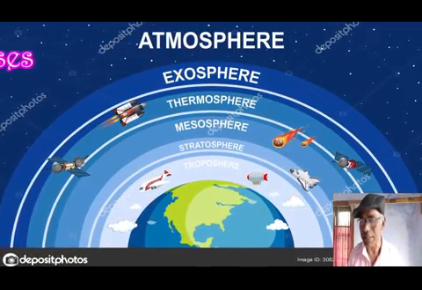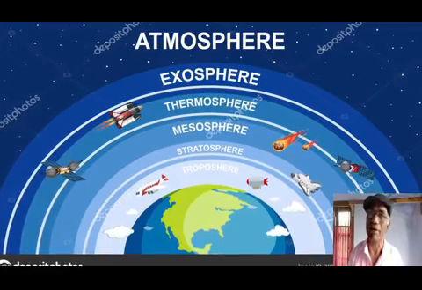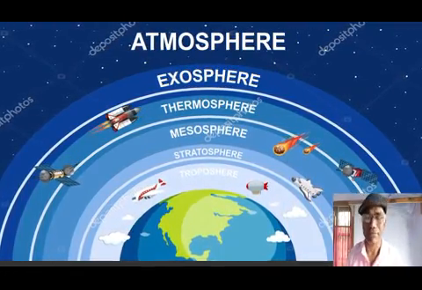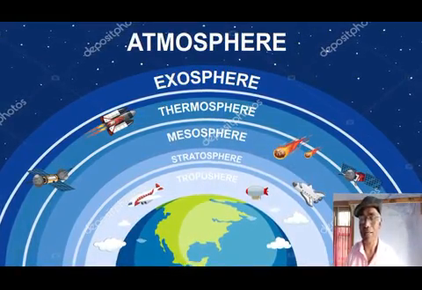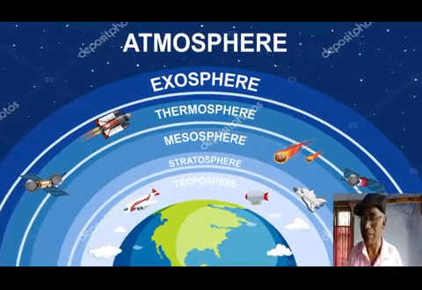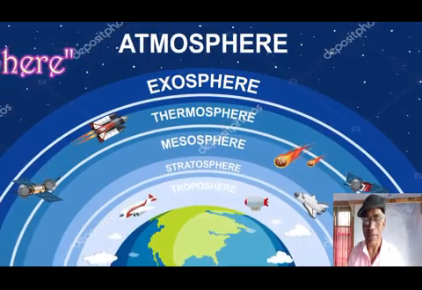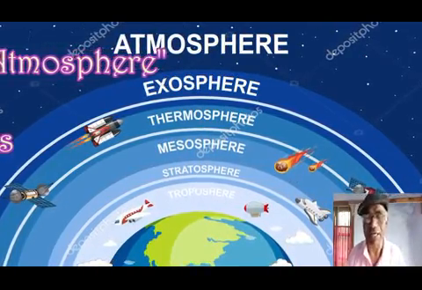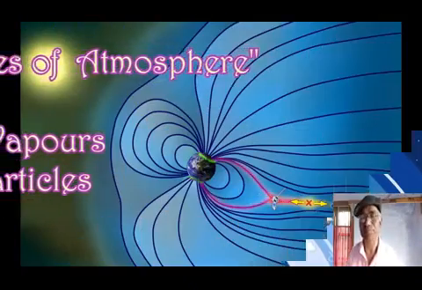Now let us see what this thick blanket is made up of. These are made of gases and particles. These are the composites of the atmosphere, and these composites can be classified further into three categories.